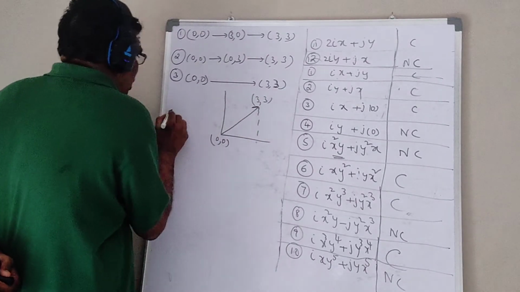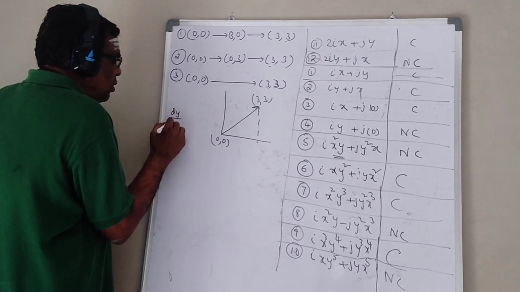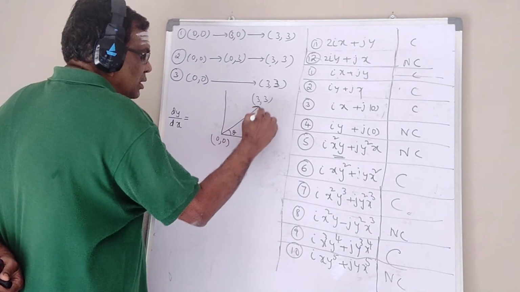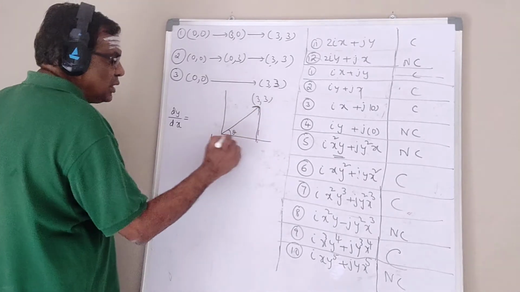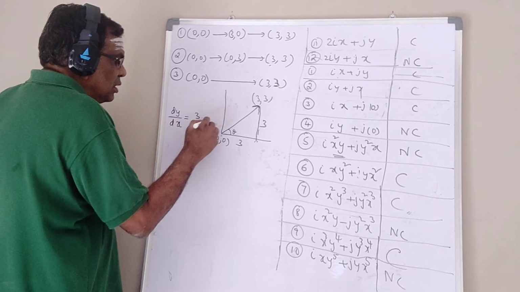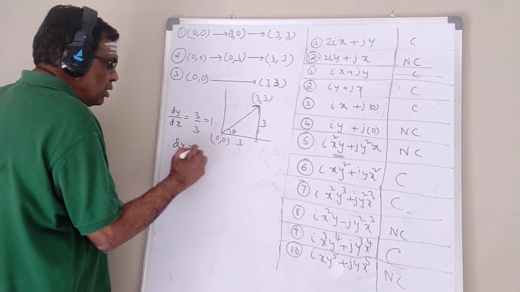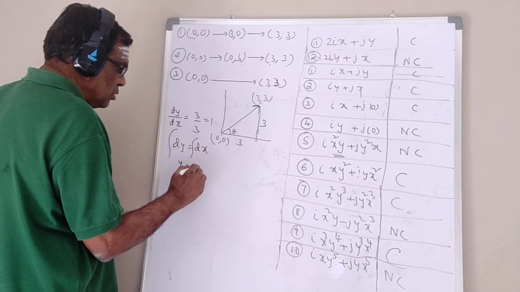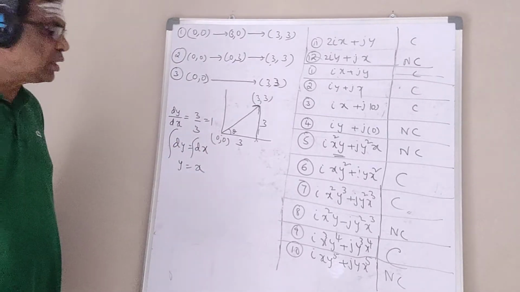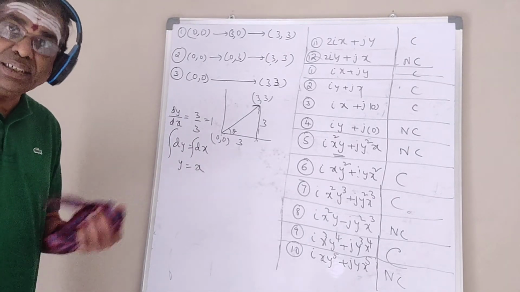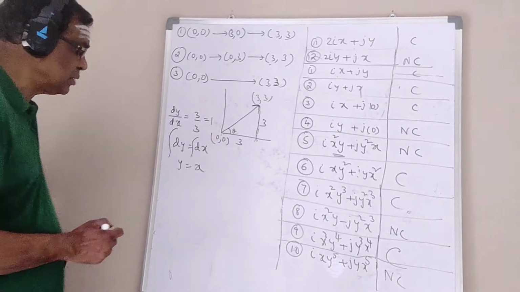How do you get the path? dy by dx, that is the slope, is opposite side by adjacent side. So 3 by 3, 1, or dy is equal to dx, or y is equal to x. Because it is passing through the origin, you won't get any constant. This is the equation: y is equal to x.